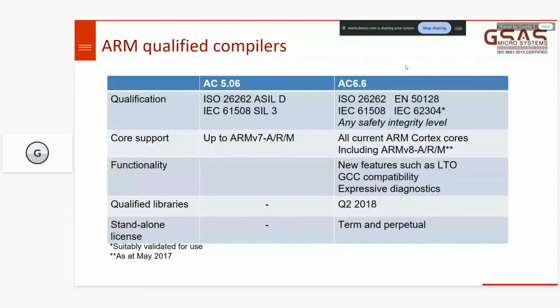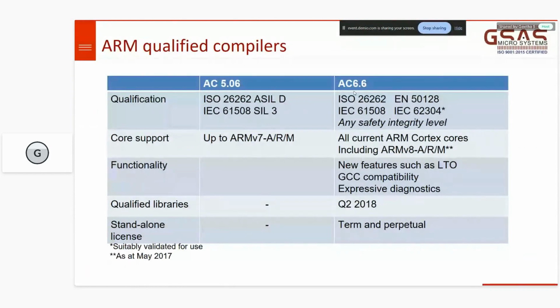In ARM compiler 6, the 6.6 version was selected by ARM for safety certification. In compiler 5.06, the qualification was for ISO 26262, that is ASIL-D. ASIL-D is your automotive safety integrity level, which is the highest safety integrity level for automotive. And 5.06 also had IEC 61508 SIL-3, this is for industrial automation, or general safety lines.